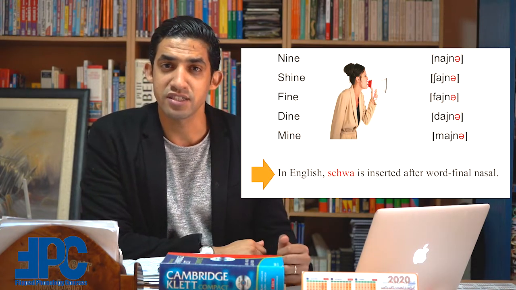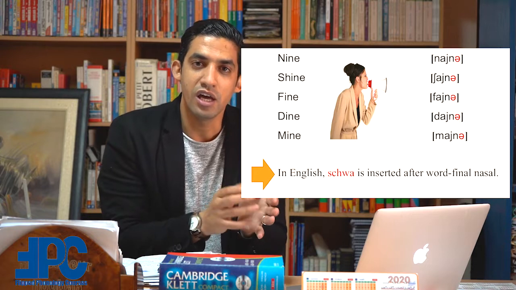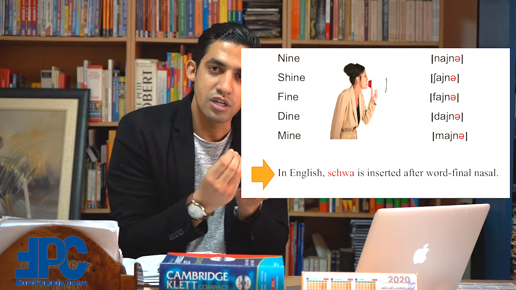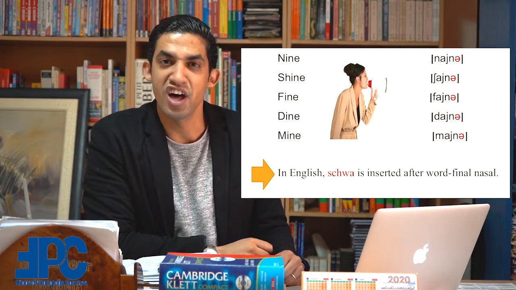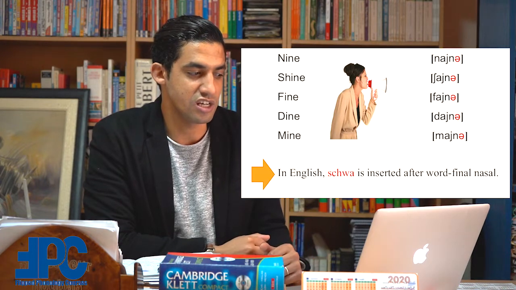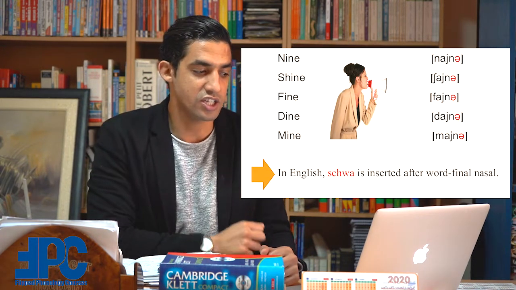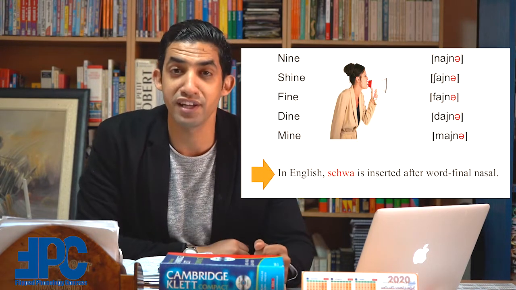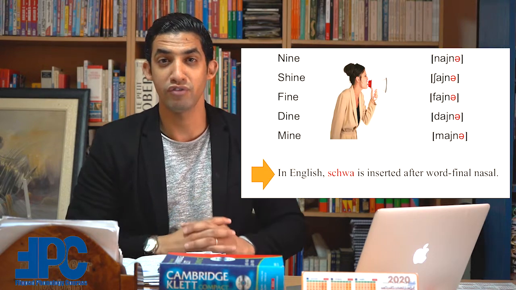In Scottish accents, speakers add a schwa at the end of these words. So what they say is this: nine-uh, fine-uh, shine-uh, dine-uh, mine-uh. So a schwa is inserted after a word-final nasal. This is another example of insertion of a vowel.